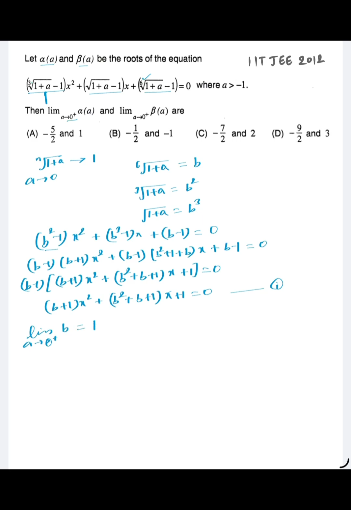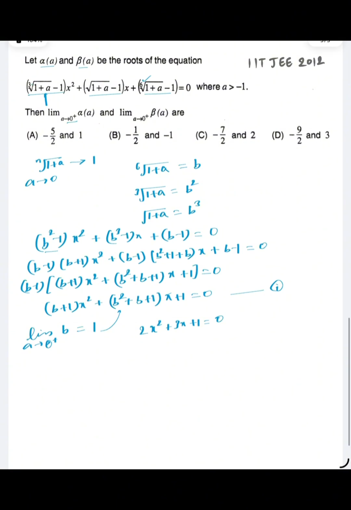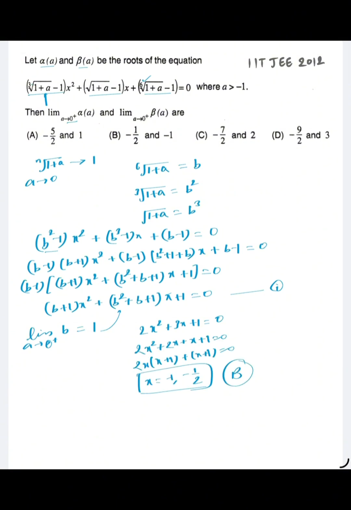So if we put this limit in this equation, we will have 2x square plus 3x plus 1 equals 0. And the roots of this equation are very simple. The final answer is B.